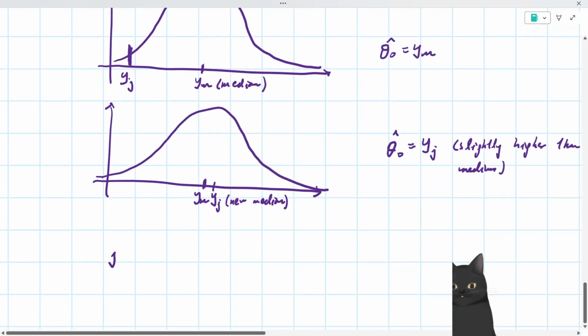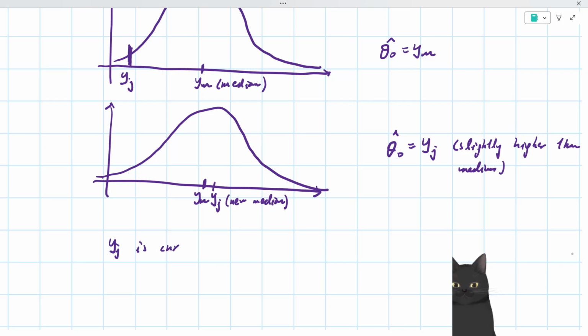So j is now equal to basically, or at least on the order of, on the order from the smallest to the largest value, yj is currently at order of something like m plus 1 over 2. Okay, I am going to increase yj once again such that it is larger than the next value in the line.